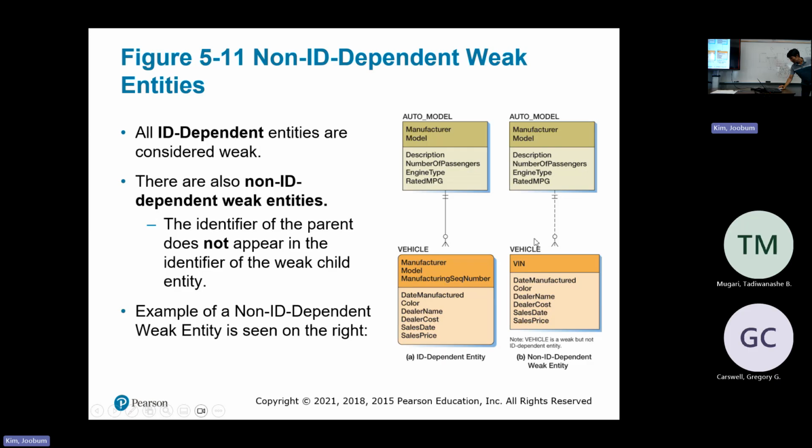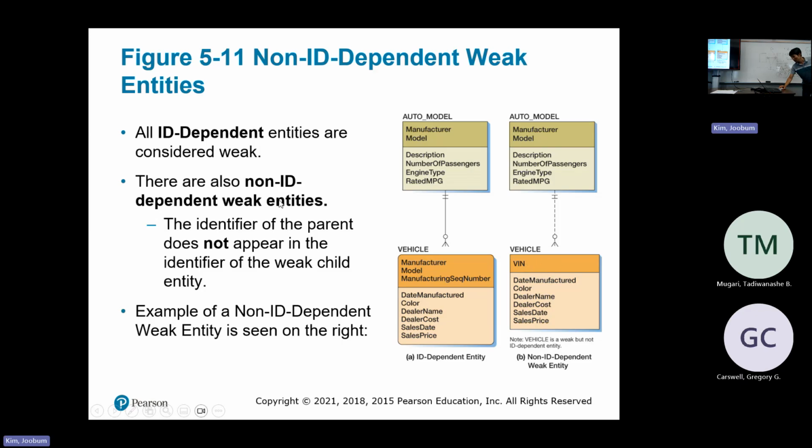But still, this vehicle belongs to the strong entity. Without the model, we cannot create the vehicle, right? So the relationship is still dependent, but the identifier of the strong entity is not used anymore in the weak entity.